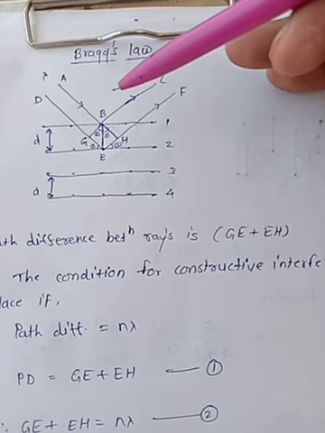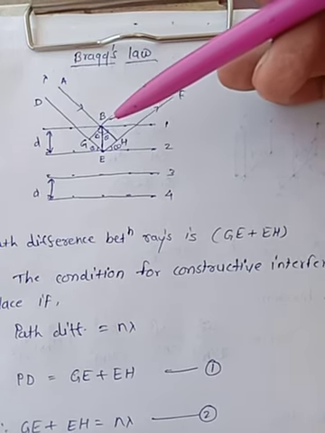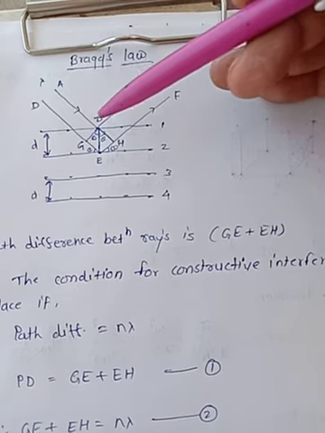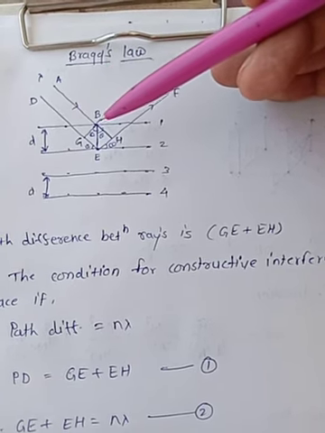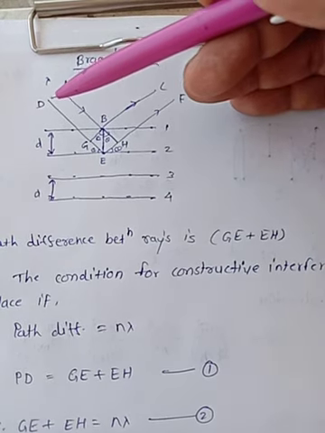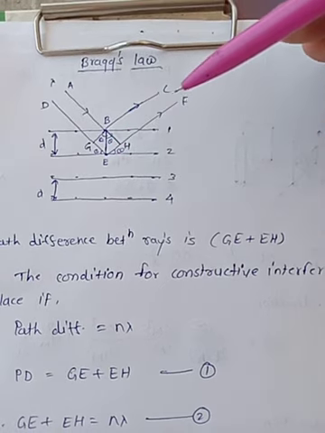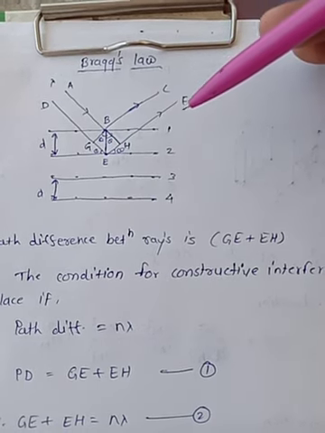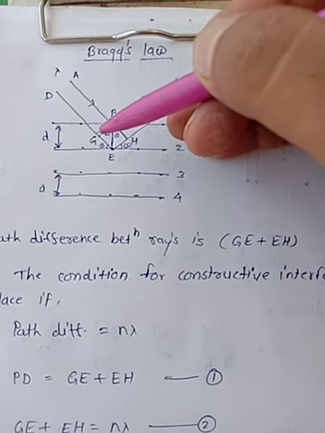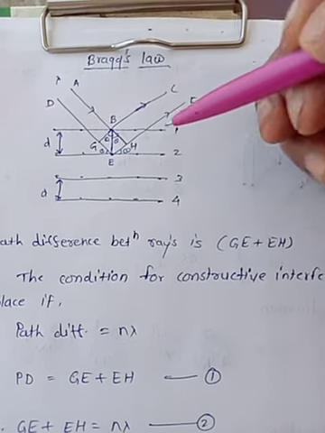Consider the first ray AB, reflected from atom B, which goes in the direction BC. Similarly, the second ray DE is reflected from atom E and goes in the direction EF. Now draw the two perpendiculars BG and BH on DE and EF.